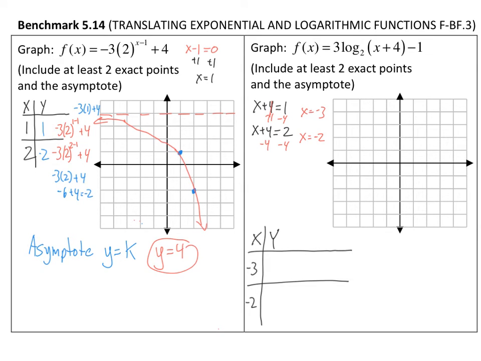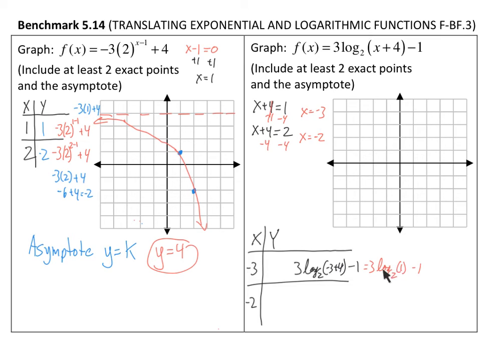Okay, so let's crunch it. What you're going to have here is 3 times log base 2 of -3 plus 4, minus 1. So let's crunch that. Now right here, what does that become inside? 1. So what you now have is 3 log base 2 of 1 minus 1.